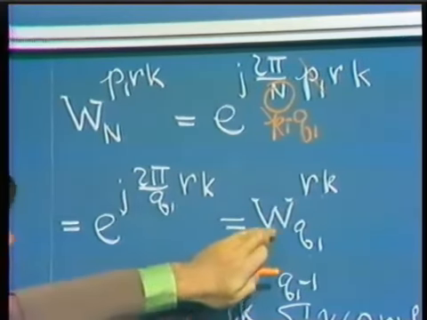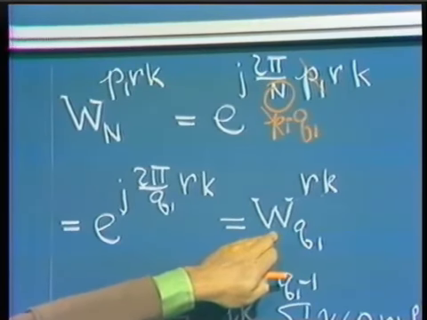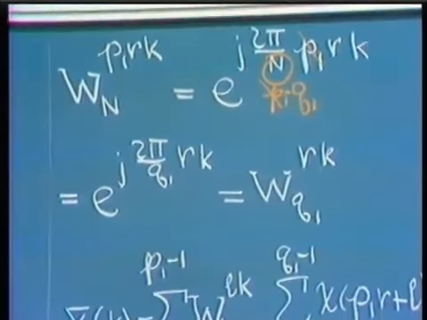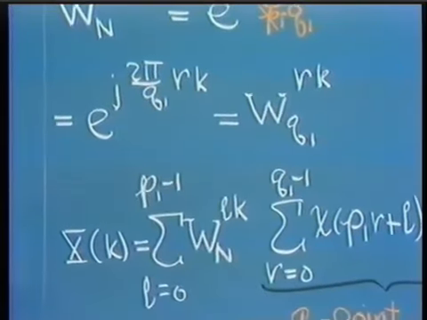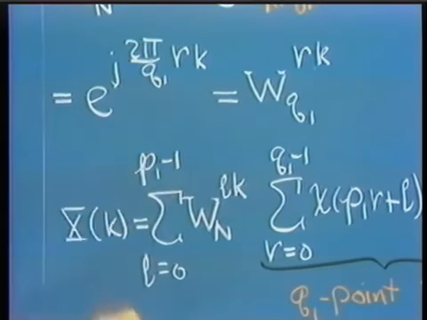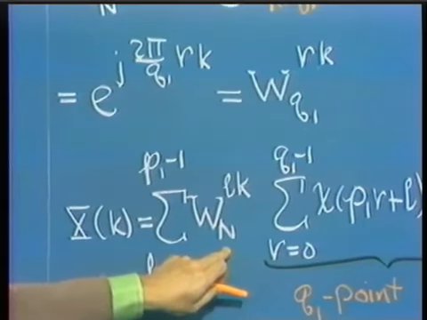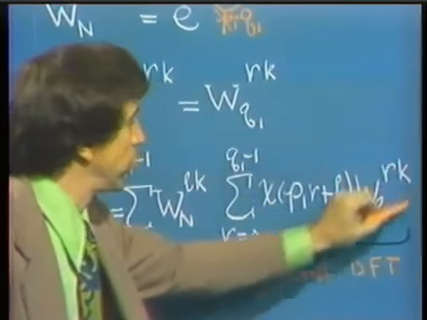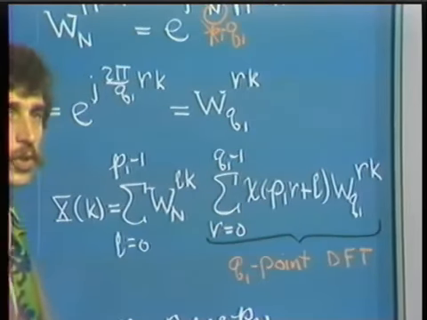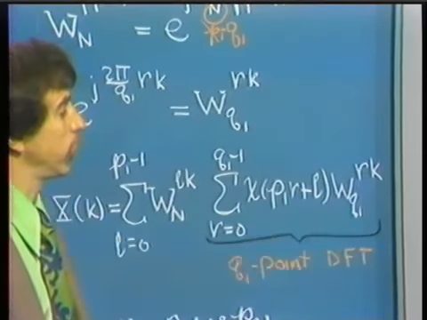So substituting this for W sub N to the P1 RK in the previous expression, what results is then X of k expressed as a sum from L equals 0 to P1 minus 1 of these powers of W sub N. But then the important thing is that the inner sum involves Q1 point sequences. This factor is W sub Q1 to the RK.